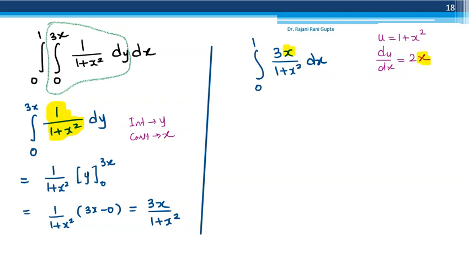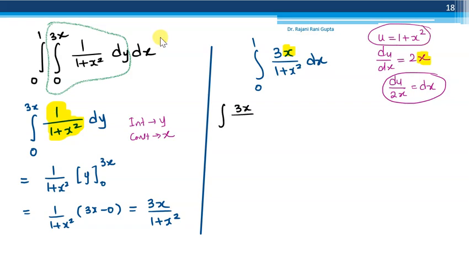Let's see how it works. du over 2x is equal to dx. Using these values in our integral, 3x over 1 plus x square dx becomes integral 3x over u into du over 2x. Since you are seeing two variables, you have to cancel the variable here.